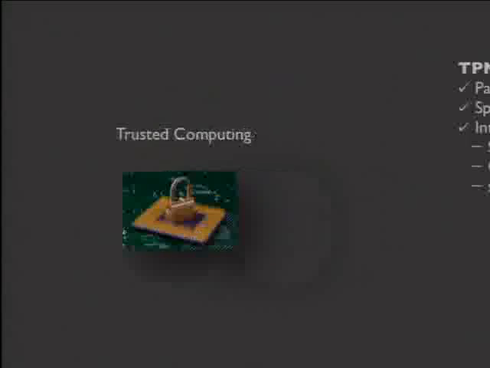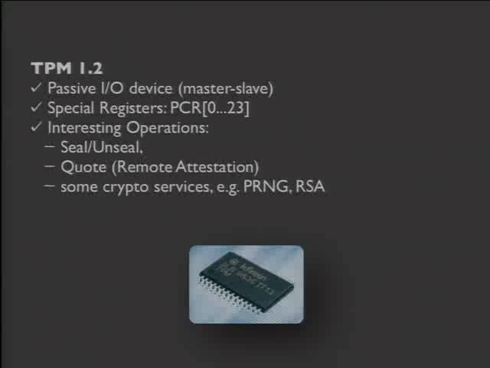These days it's part of the northbridge, part of the chipset. Anyway, it has special registers called PCR registers, which we're going to talk about in a minute. The most interesting things it can do are sealing, unsealing, and sometimes quoting. And we're going to discuss it in just a moment.